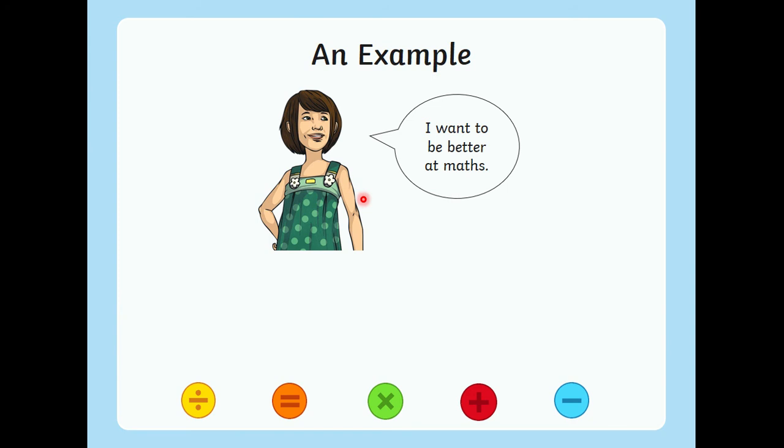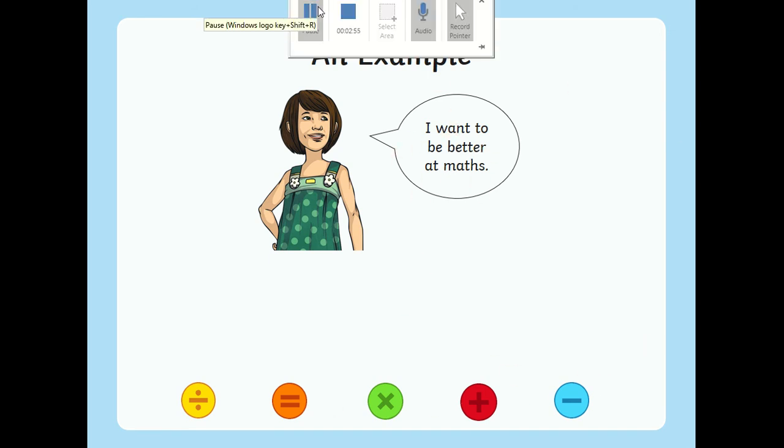It's great to say that, but do we know whether she's talking about division, working out equal amounts, multiplication, addition, subtraction? We don't know whether it's one of these or even measurement. So that's why it's really important that we use a specific target.